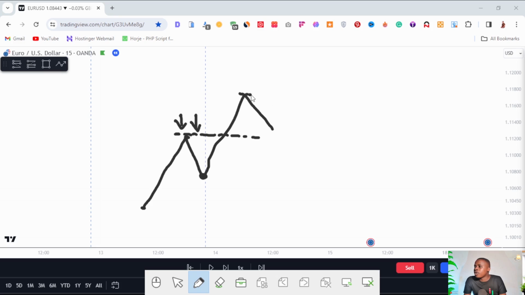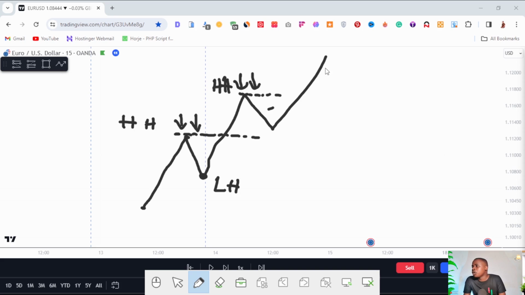And if we get another pullback, we take note of this zone right here. So this zone here is called a higher high, and this is called a lower high, and this is called again a higher high. And if it pushes up again to break here, this is called a lower high.